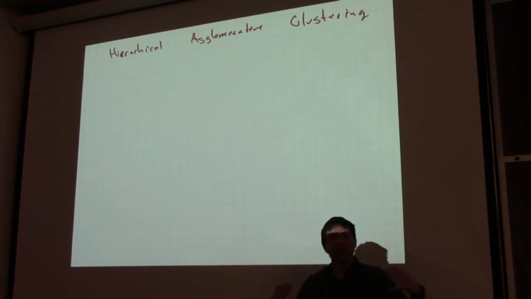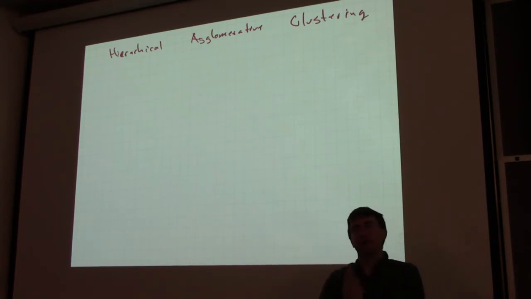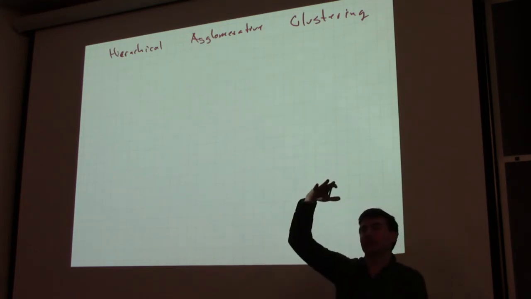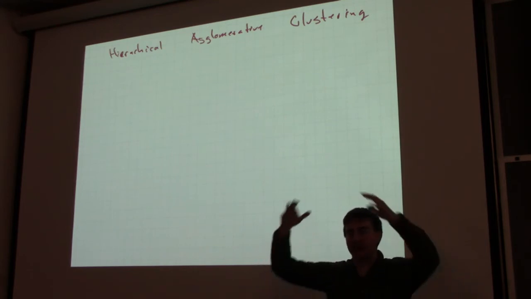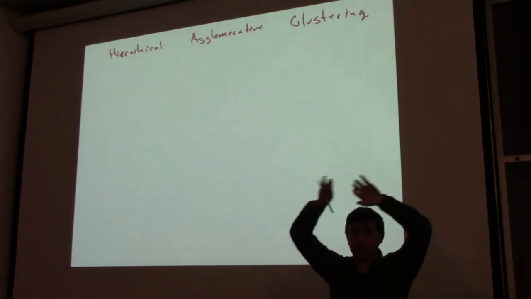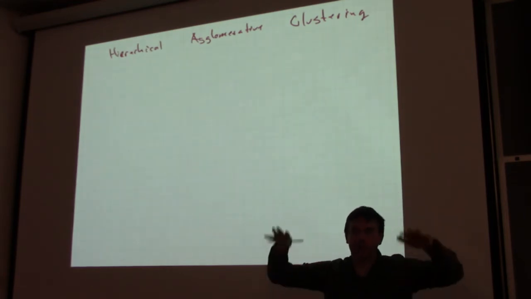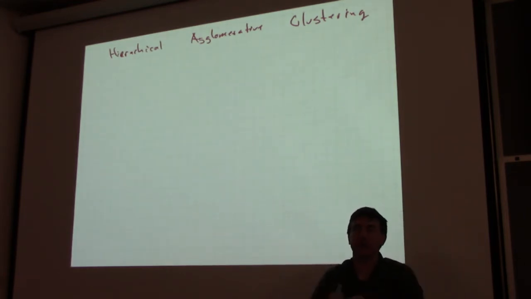Hierarchical means that we're not just going to define one partition, but actually a hierarchy of partitions. Think of a binary search tree, which has a hierarchy to it. I split at the top into two parts and so forth, splitting recursively going down.